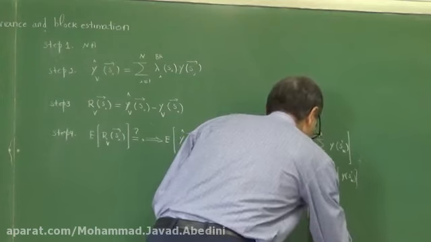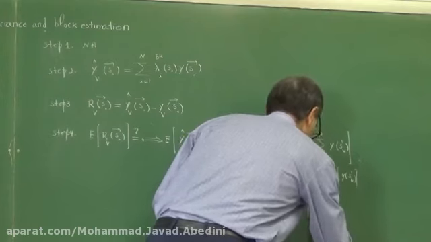Because m cannot be 0, this part has to be 0. Therefore, if you put this equal to 0, m cannot be 0 because you have no idea of m.